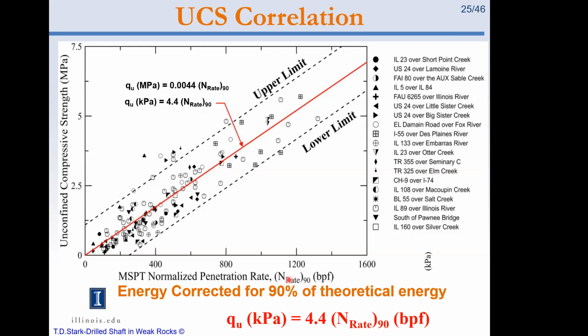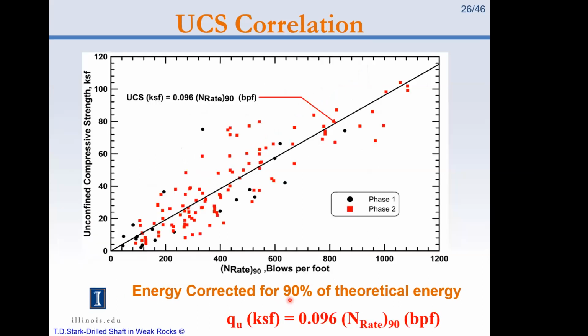That corresponds to 90% of the theoretical energy of a standard penetration test. Because we measured the energy at each of these sites, this is in English units, same correlation, just in kips per square foot if you want unconfined compressive strength instead of kPa. And there are the 21 data points.